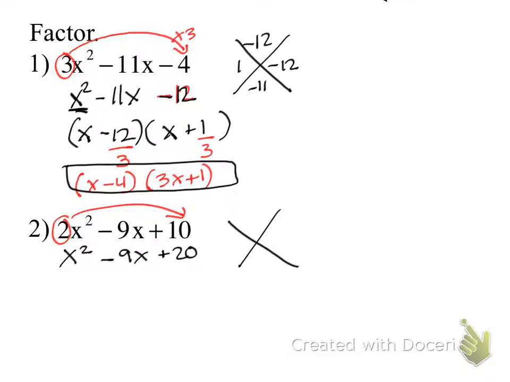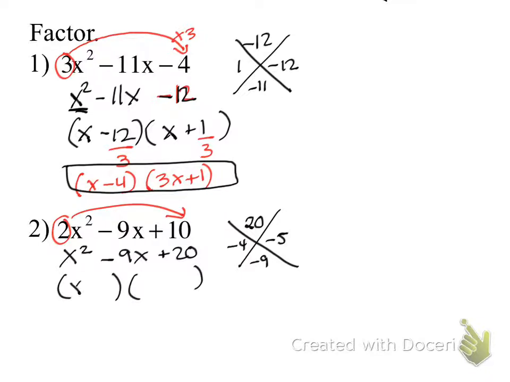And then you're going to have to find factors of 20 that add to -9. Okay, who has the factors? Thomas? Negative 5, negative 4.